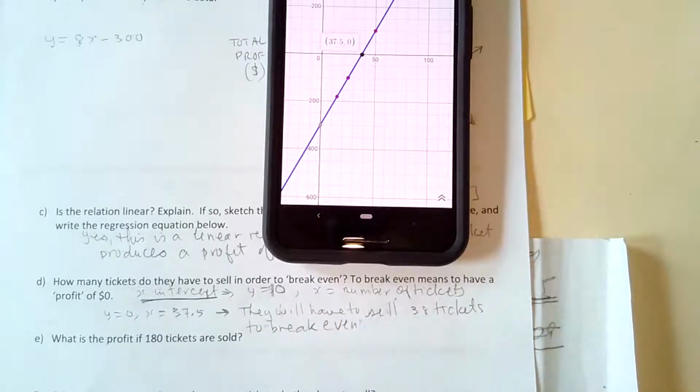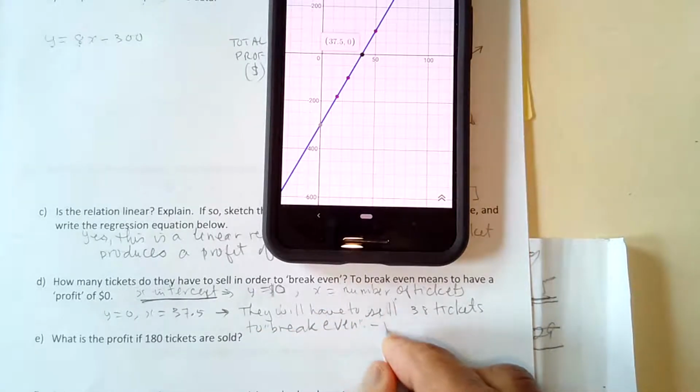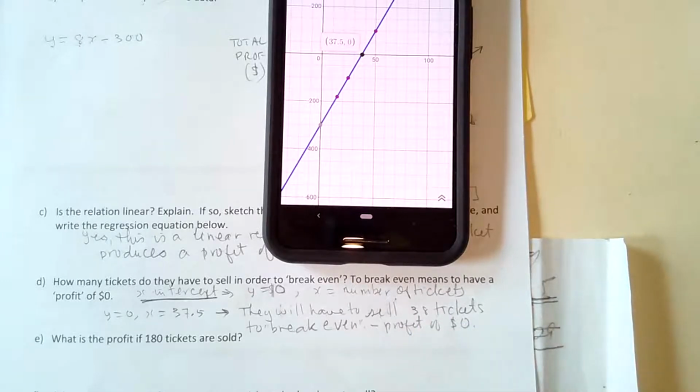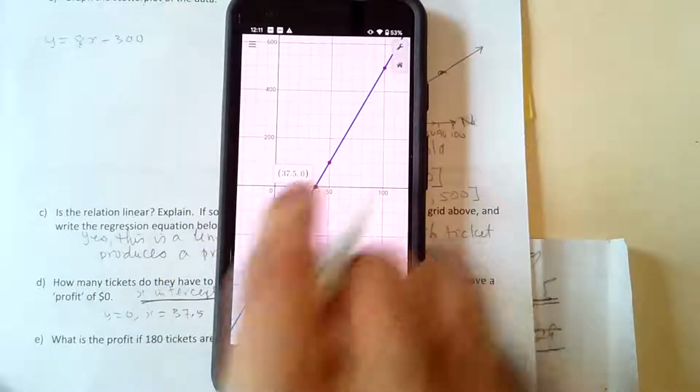In other words, to have a profit of $0. So Desmos is quite straightforward. You find the x-intercept.